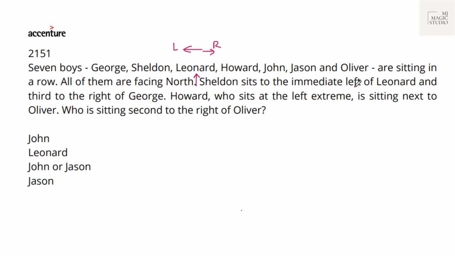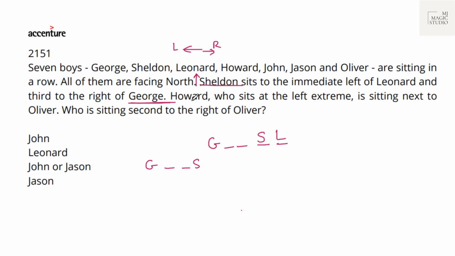Sheldon sits to the immediate left of Leonard. So we have Leonard, and Sheldon is sitting to the left of Leonard. So this should be the sitting arrangement for both. And Sheldon sits third to the right of George. George, right 1, 2, 3, this should be Sheldon. So if I join these two, 1, 2, G.